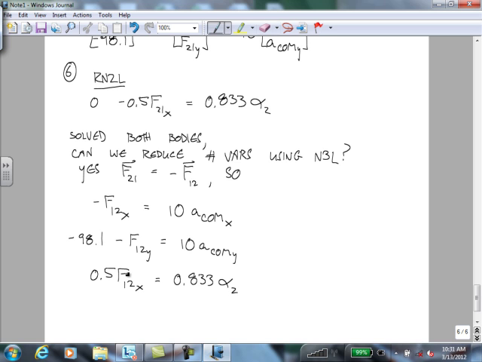So these are equations. We had one equation already, right? So this is equation 2, equation 3, and equation 4.